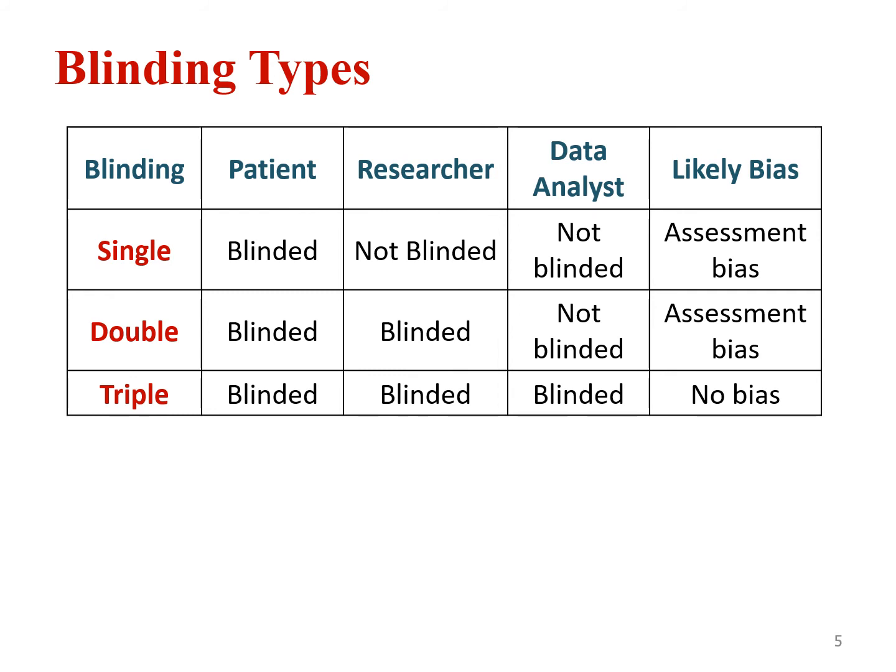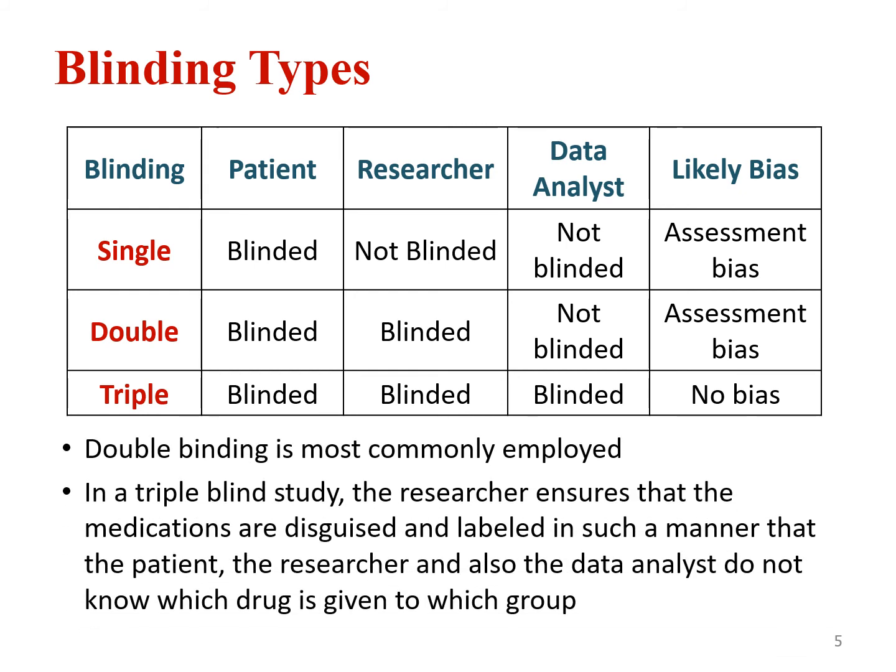So there is no chance of any bias to occur in this type of blinding. This is an ideal type of blinding. Triple blinding is an ideal type of blinding because there is no chance of any bias. However, double blinding is the most commonly used method in trials.